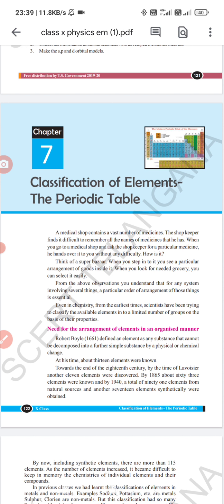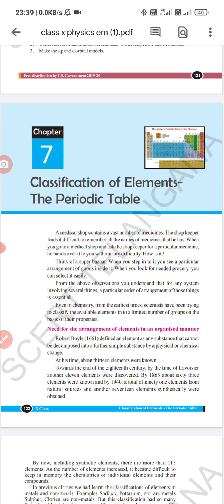Towards the end of the 18th century, by the time of Lavoisier, another 11 elements were discovered.